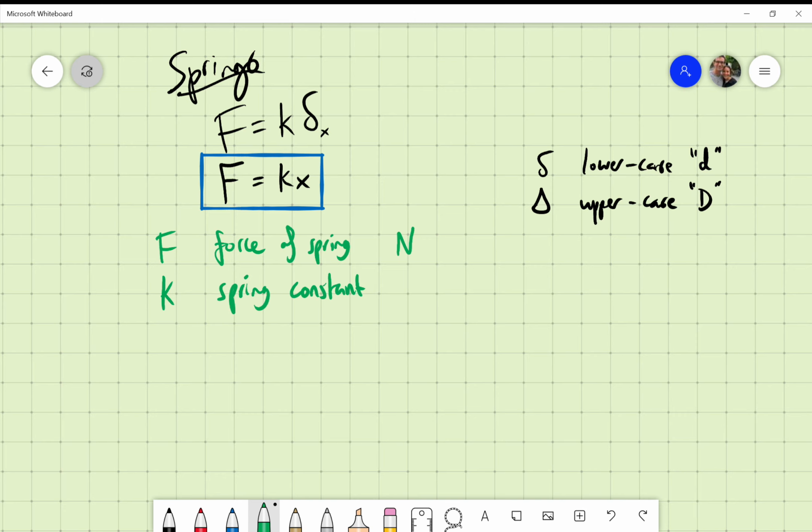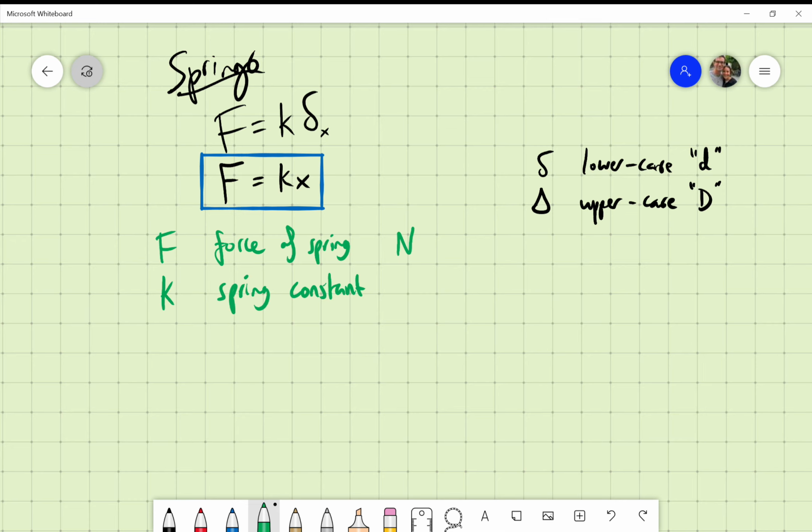What that means is they are very, very resistant to being flexed, to being changed.